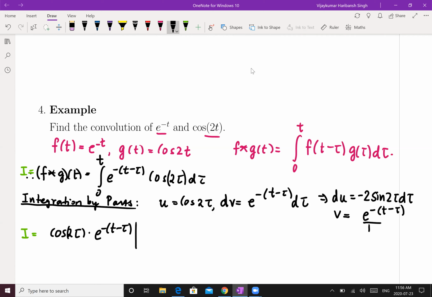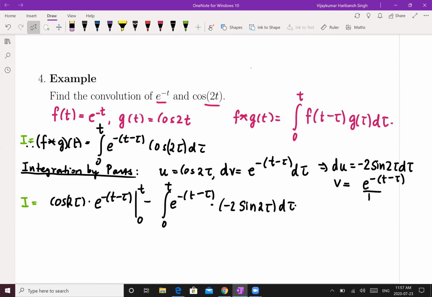Again, the limits of integration will also be there, minus the integral from 0 to t of v du, where v is e to the power minus t minus tau, and du is minus 2 sine 2 tau d tau.